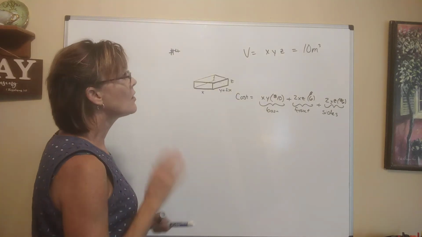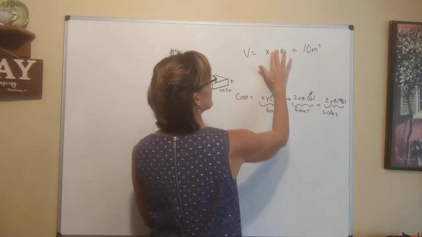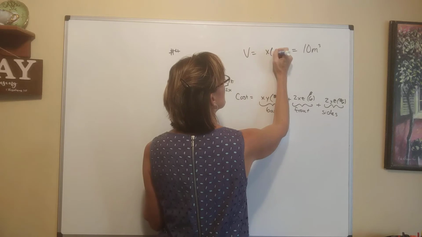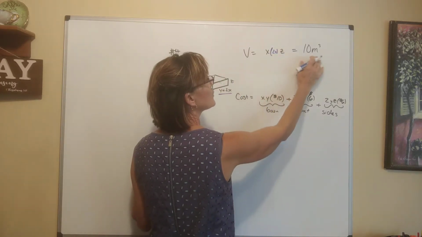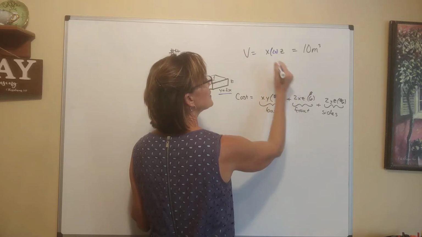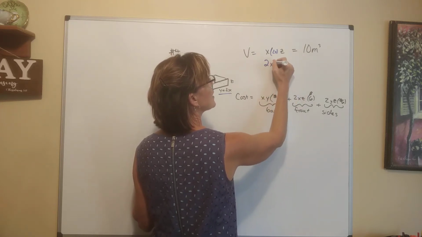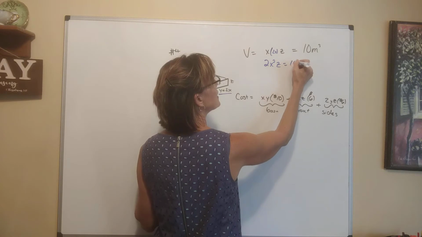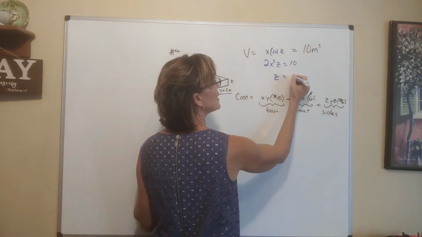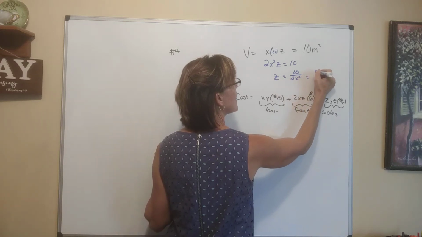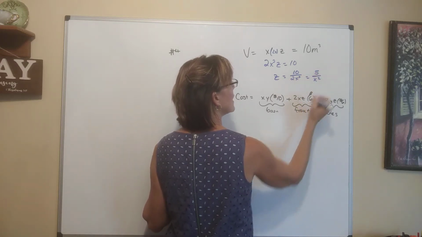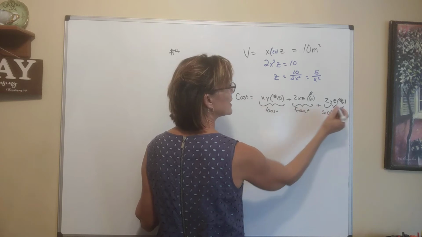And then I can also, if I do that, let's do it up here. Y is 2X. I can rewrite Z in terms of X. So this is 2X squared times Z is 10. So I can solve for Z here and get 10 divided by 2X squared, or 5 over X squared. And that's going to go in for my Z's.